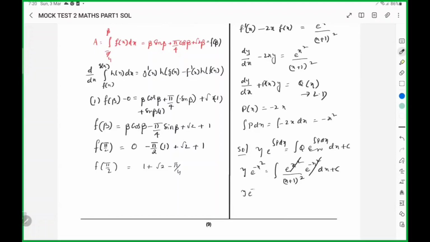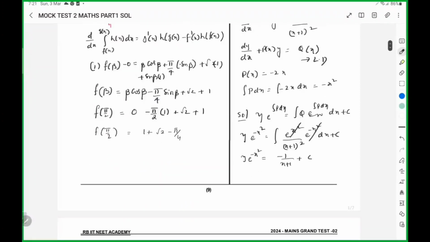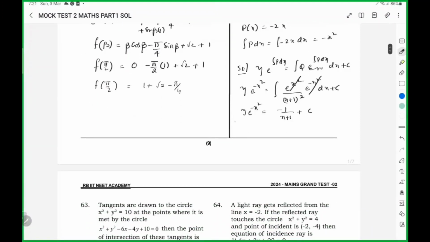So y e power minus x square is x by x plus 1 plus c. The given condition is f of 0 is 5. F of 0 times e power 0 is 1, so c will be 5 plus 1, which is 6.